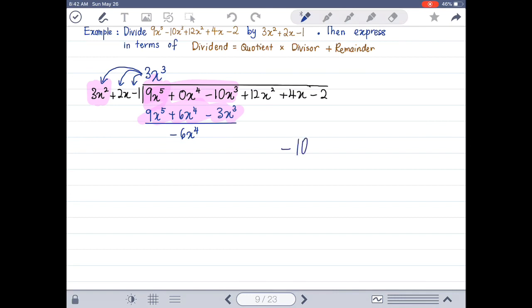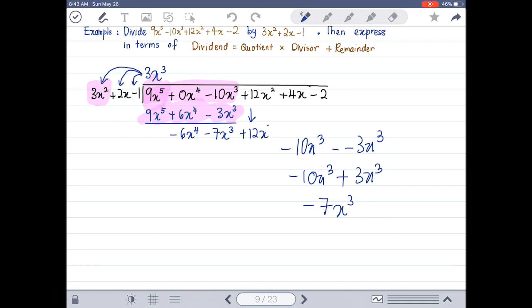Minus 10x to the power of 3 minus minus 3x to the power of 3 is equal to minus 10x to the power of 3 plus 3x to the power of 3, we will get minus 7x to the power of 3. So here becomes minus 7x to the power of 3. Bring down the next term, plus 12x squared.